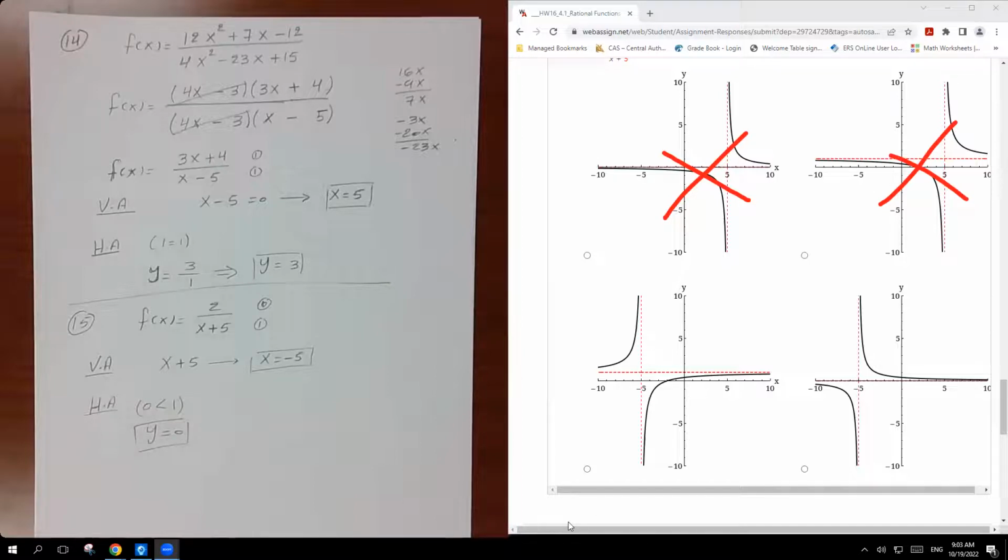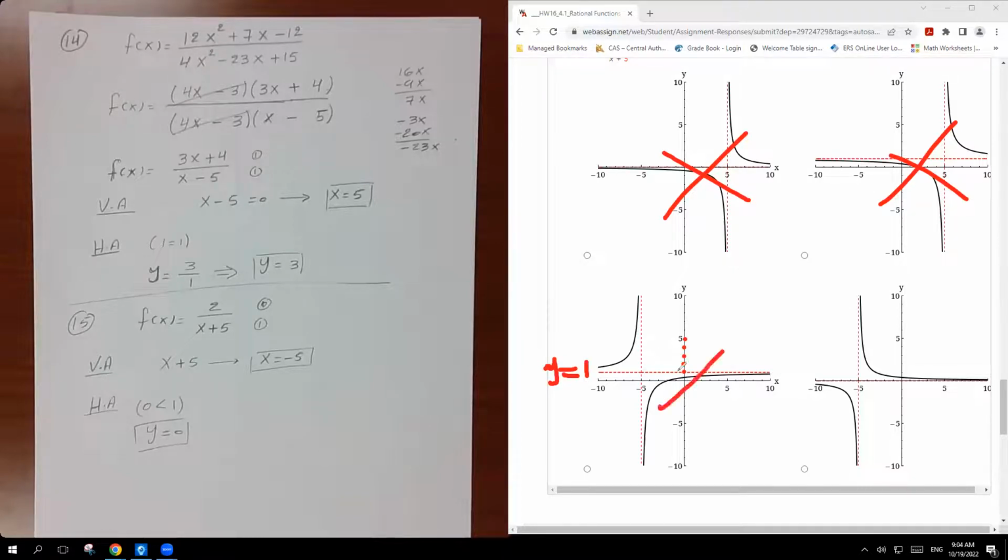But now let's look at the horizontal asymptote, y equals 0. If you look at this graph, the horizontal asymptote is not 0, it equals 1, because here is 1, 2, 3, 4, 5. That means the horizontal asymptote is y equals 1.